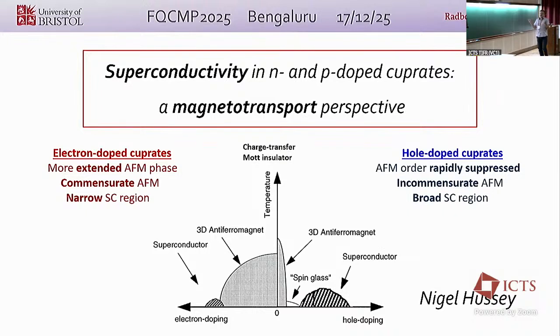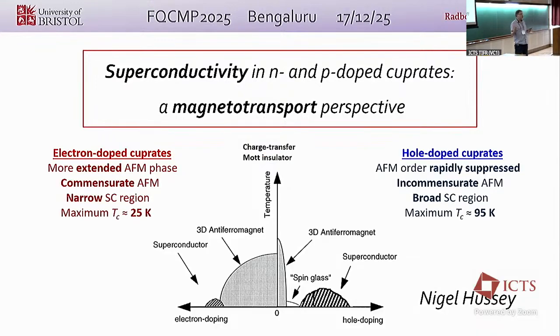For the electron doped, you get a very small, very narrow superconducting dome, whereas it's much more extended beyond the antiferromagnetic phase on the hole doped side. And also, very importantly for this talk, the maximum Tc when you dope electrons is only around 25 Kelvin.